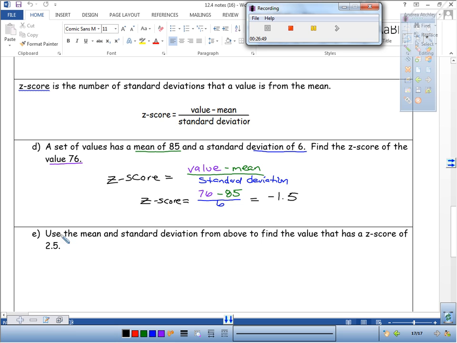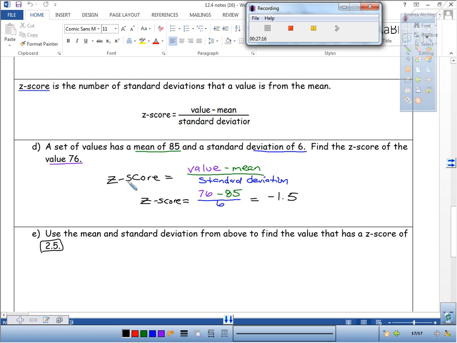Okay, the next one says use the mean and the standard deviation from above. So we're going to use this data, 85 and 6. From the above, you can find the value that has a z-score of 2.5. So this time, they're giving me my z-score of 2.5, and they want me to find the value. So we're using the same formula.